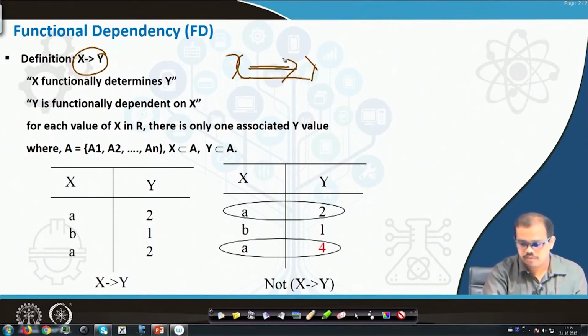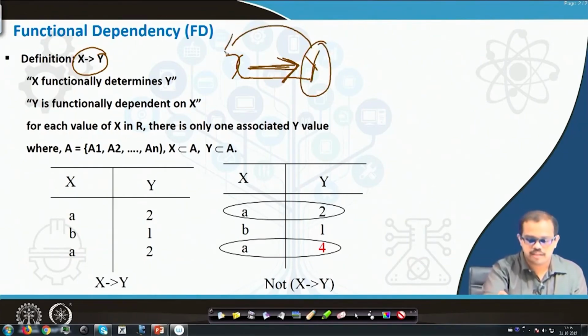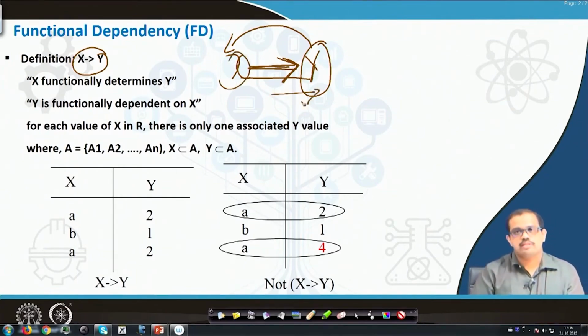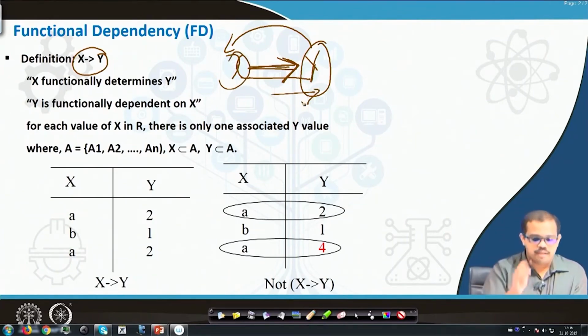If this arrow is positioned like this, it means this particular variable is functionally dependent on this, or x functionally determines y. Okay. So, without x, y cannot be found out, that is exactly the meaning. Okay. So, y is functionally dependent on x. The arrow shows which variable is functionally dependent on which particular variable.